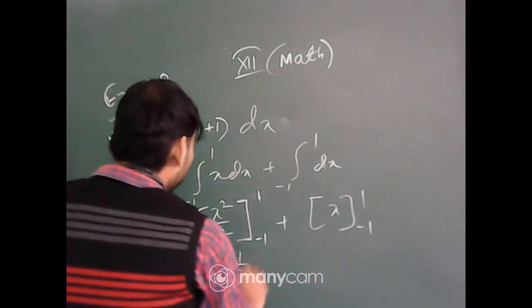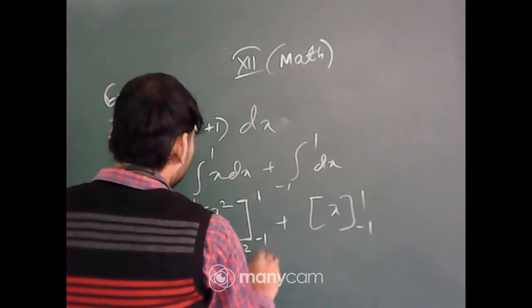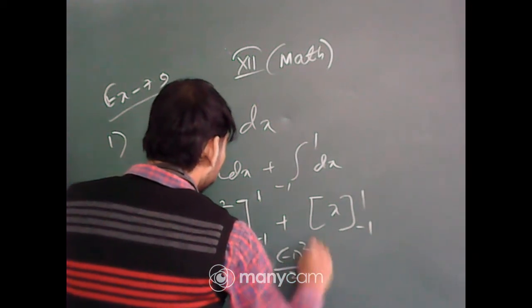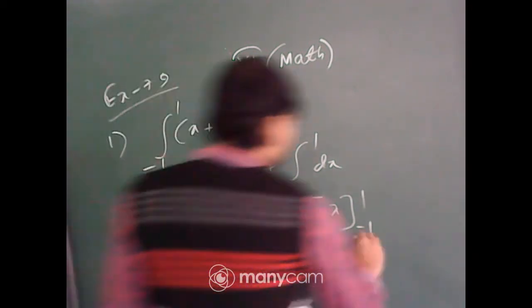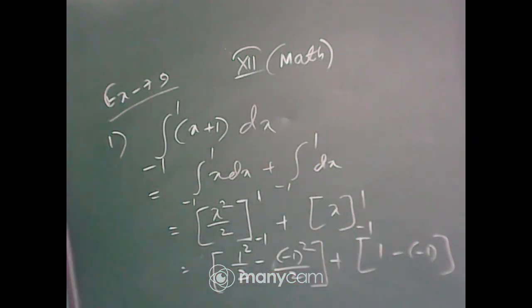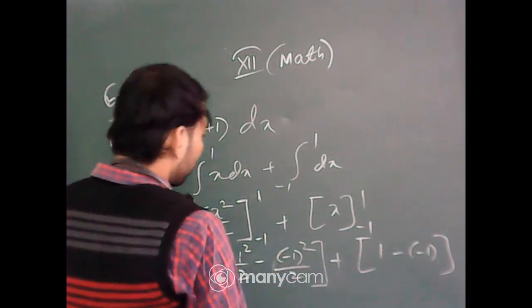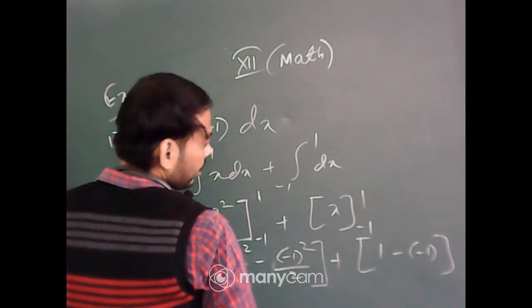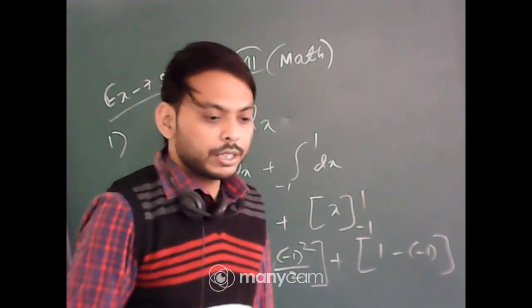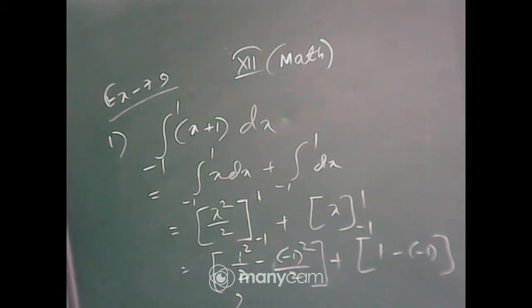So 1 square by 2 minus 1 square by 2, then 1 minus of minus 1. What is the answer? The answer is 1 by 2 minus 1 by 2, 0. It will be 1 plus 1, that is 2. 2 is the answer, isn't it?